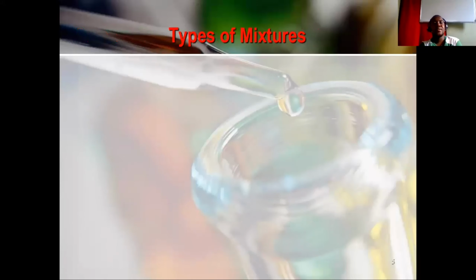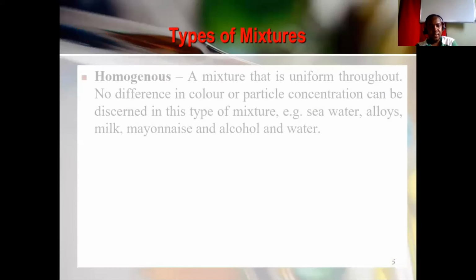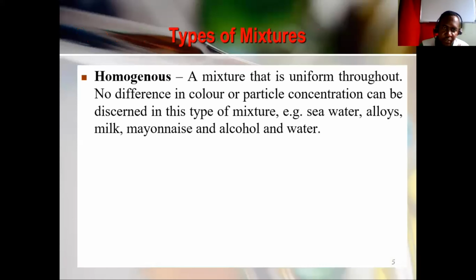All right, so let's look at the types of mixtures. Homogeneous mixtures have uniform particles throughout, so we're not able to distinguish the different types of particles that the mixture is made up of. Just like if you use syrup and water, when you mix them you only get one color.